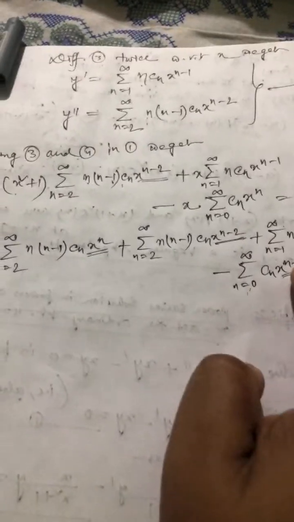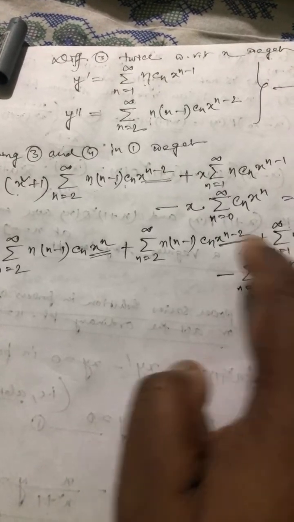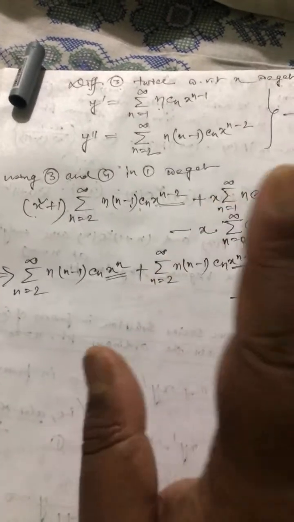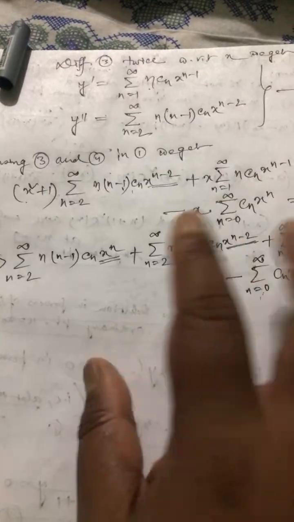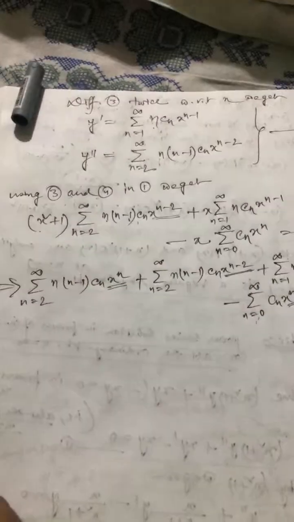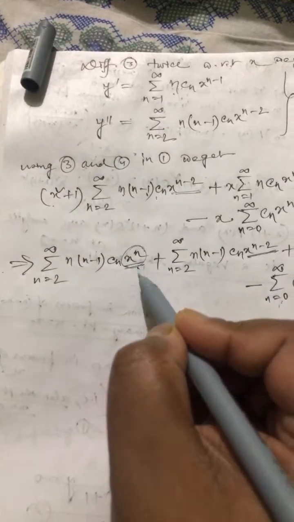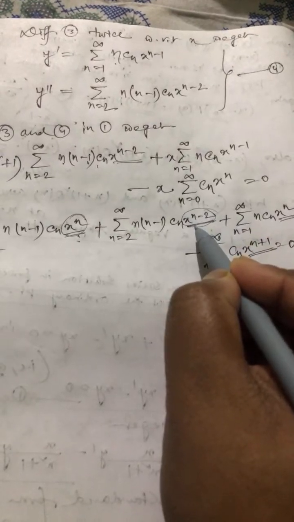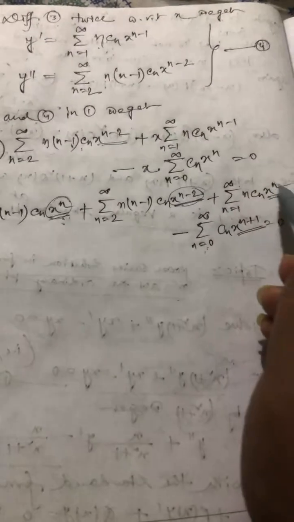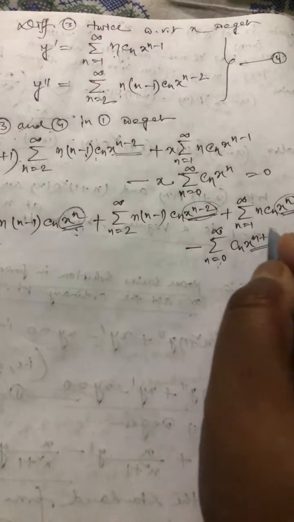So try to adjust the power so that all possible structures have the identical form, something into x to the power n. I repeat, we need not modify this one, but here x to the power n minus 2 is converted into x to the power n. Now the question arises, how can you modify?